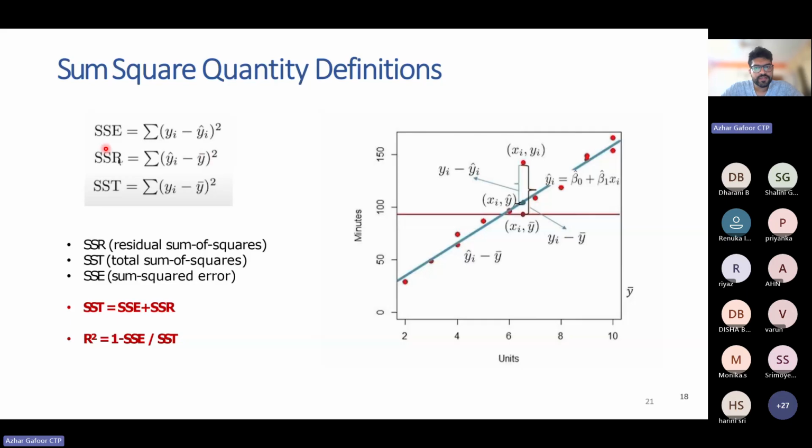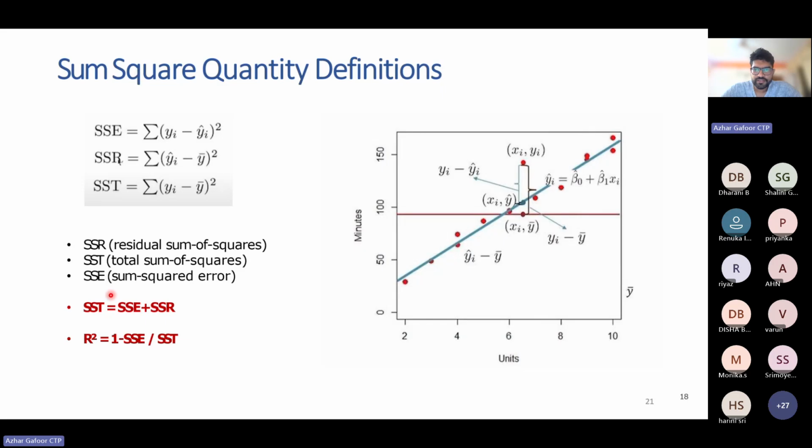So error means we are calculating the distance from the point to the line. The sum of residual will be the mean minus the line, and the total will be the individual point minus the mean of the data.